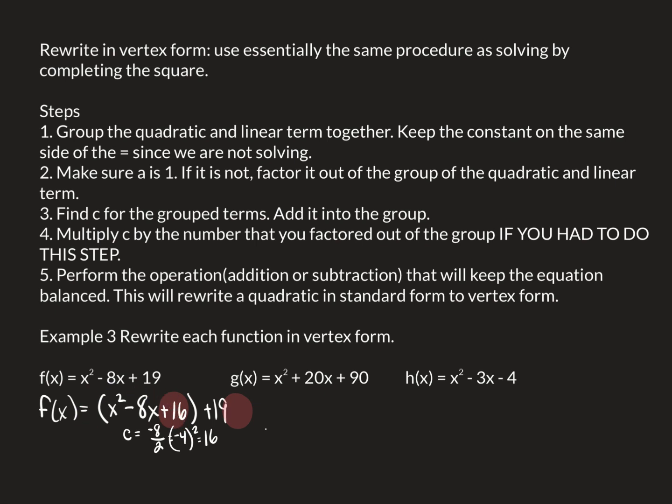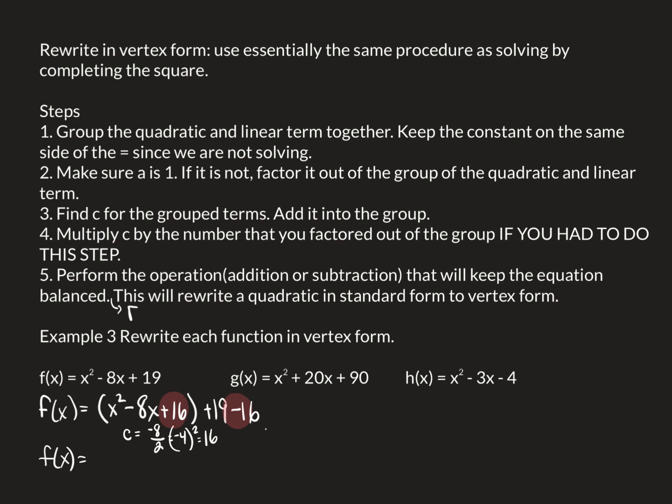And then step 5 says, perform the operation that will keep the equation balanced. So since I added 16 here, on the same side of the equal sign, I have to subtract 16 here to keep it balanced. So f of x will equal, let's see what it says. I didn't add this, and if you want to add this in here, you can.